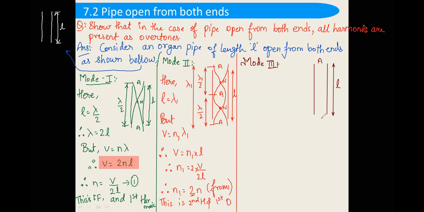So antinodes are always there at the ends. Now the one node condition and two node condition are already considered, so we have to consider 3 nodes now. One node, antinode, node, antinode, again a node. So the wave will look like this.